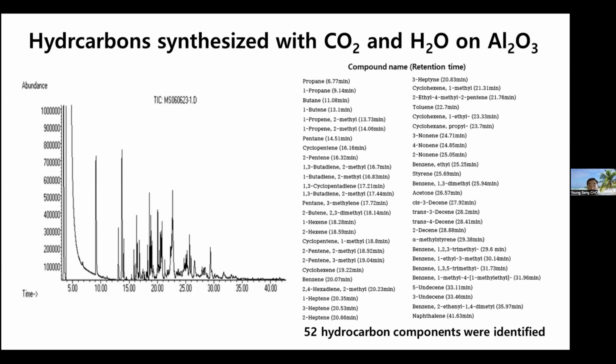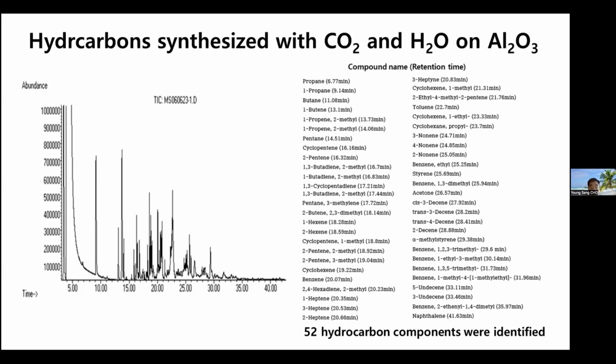We investigated how many hydrocarbon components were produced on solid acid. This is an example case of hydrocarbons synthesized with carbon dioxide and water on alumina. You can see the peaks.